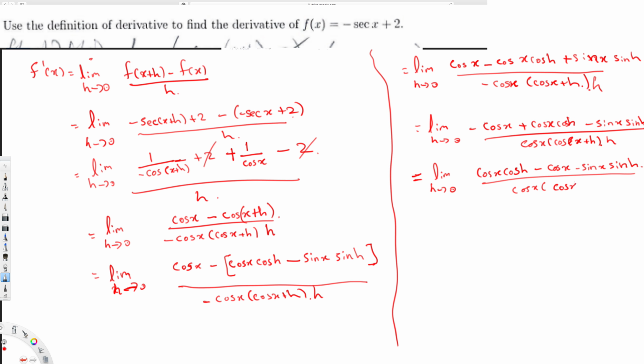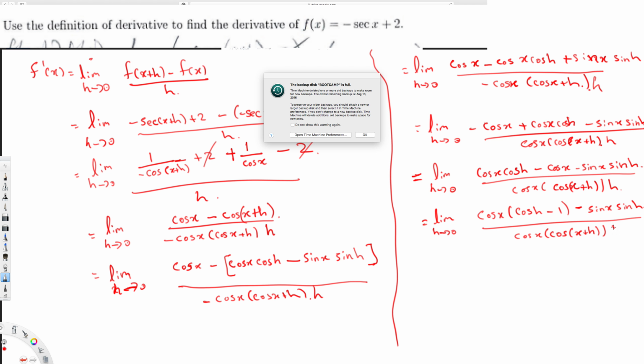Then I can take cos x common, so I will get cos h minus 1, minus sin x sin h, over cos x cos of x plus h, times h.